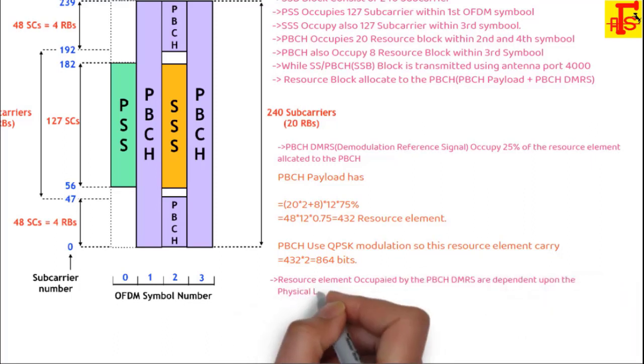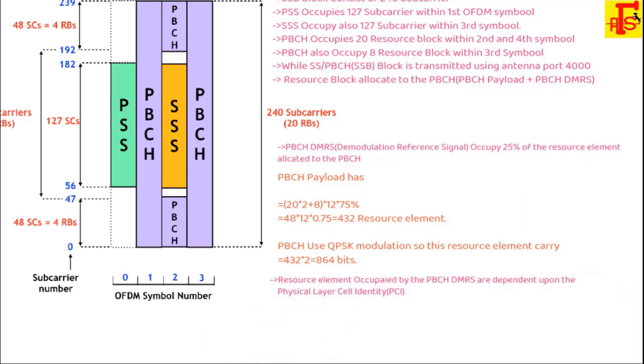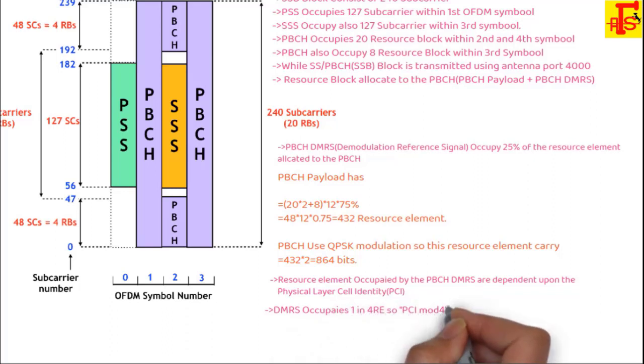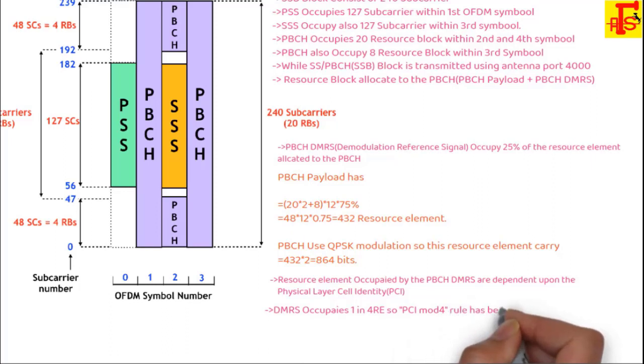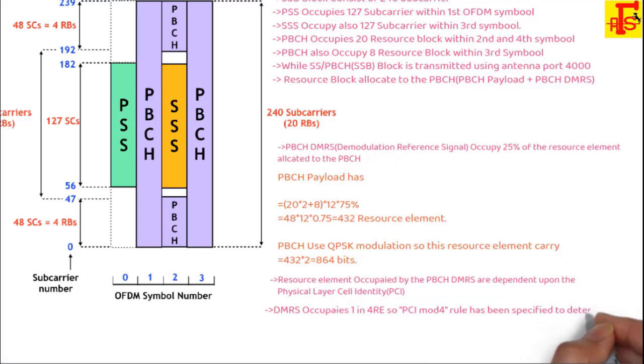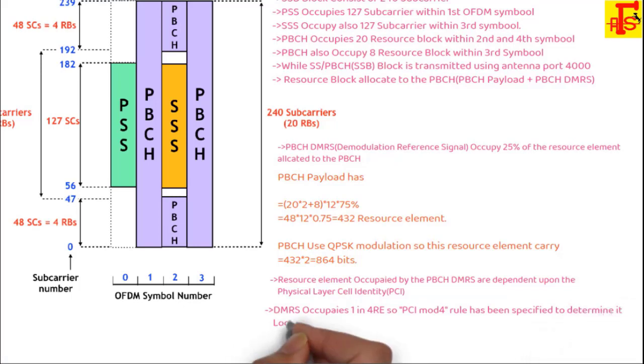Resource elements occupied by the PBCH DMRS depend upon the physical layer cell identity, or PCI. If PCI changes, the DMRS location will also change. How do we see that? DMRS occupies one in 4 resource elements, right. Already I have told DMRS takes 25% space, so out of 4 REs, 1 RE is allocated for DMRS.